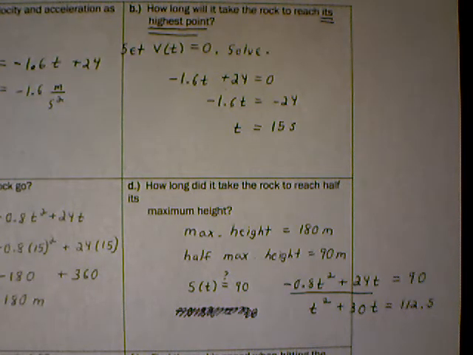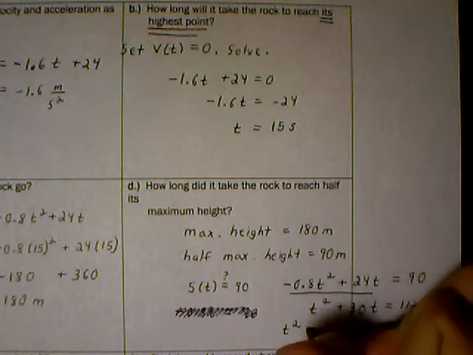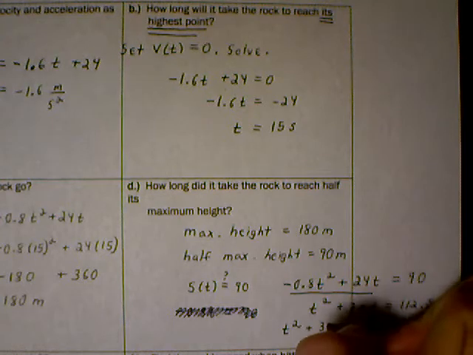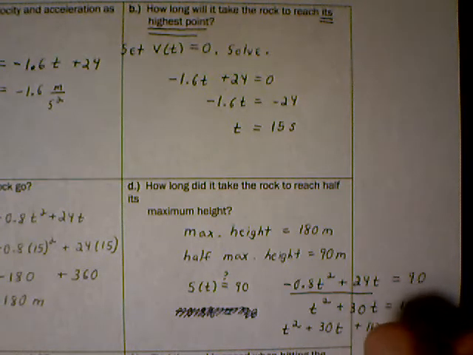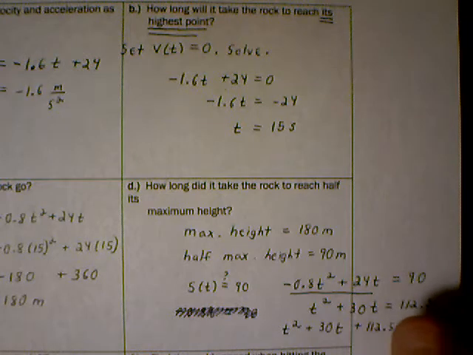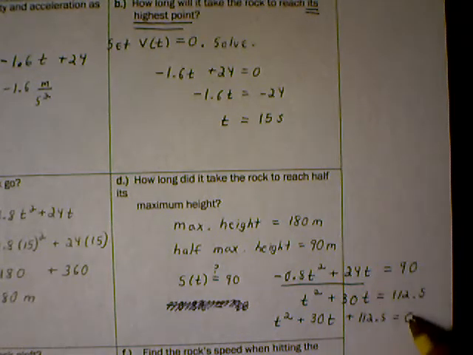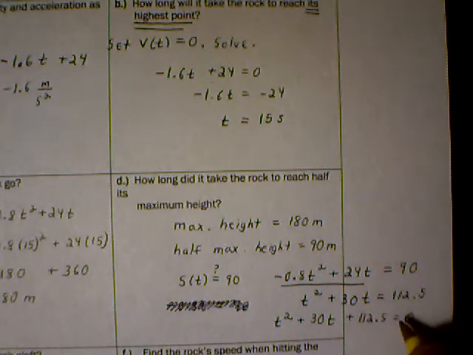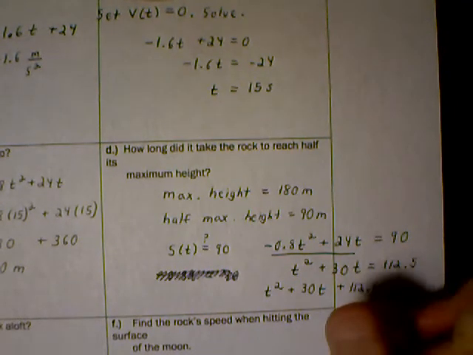All right, now from here, let's get everything on the same side. So I have t squared plus 30t plus 112.5 equals 0. Rather than show all the steps out right now, you can't factor this, so I would either graph or put it in the graphing calculator.